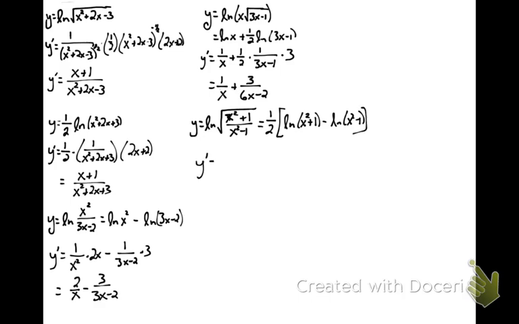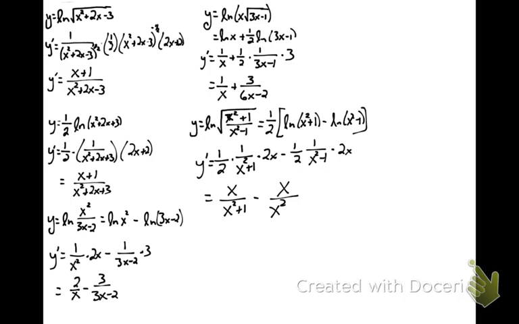The derivative then ends up being 1/2 times 1 over x squared plus 1 times 2x minus 1/2 times 1 over x squared minus 1 times 2x. Again, I still have to be very fluent with the chain rule. I end up with x over x squared plus 1 minus x over x squared minus 1.